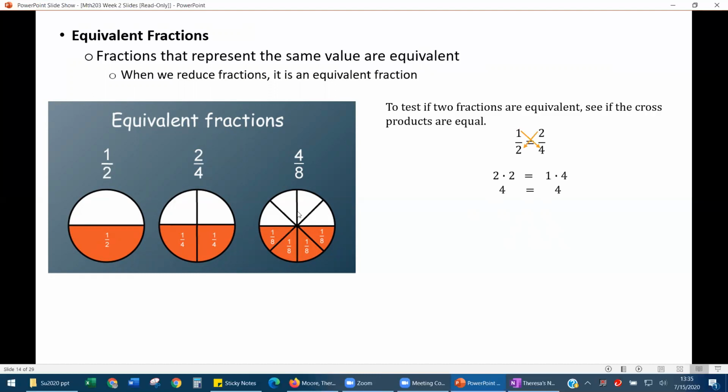The third circle is 8 equal portions. But notice if I have one of the 2 portions, it's going to be the same as if I take 2 of the 4 portions, which is also the same as if I take 4 of the 8 portions. These 3 fractions are equivalent. They look different, but they represent the same amount of the whole.